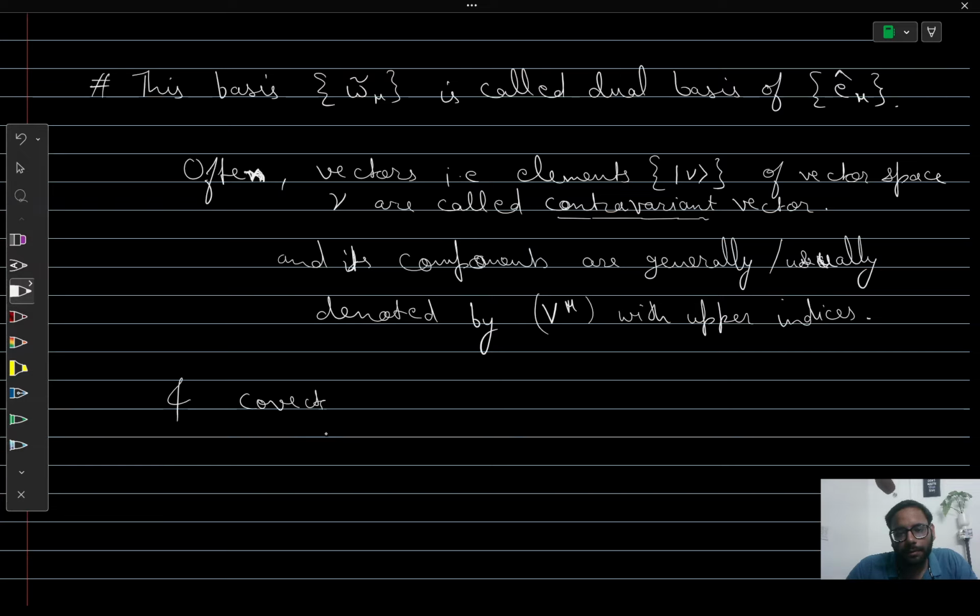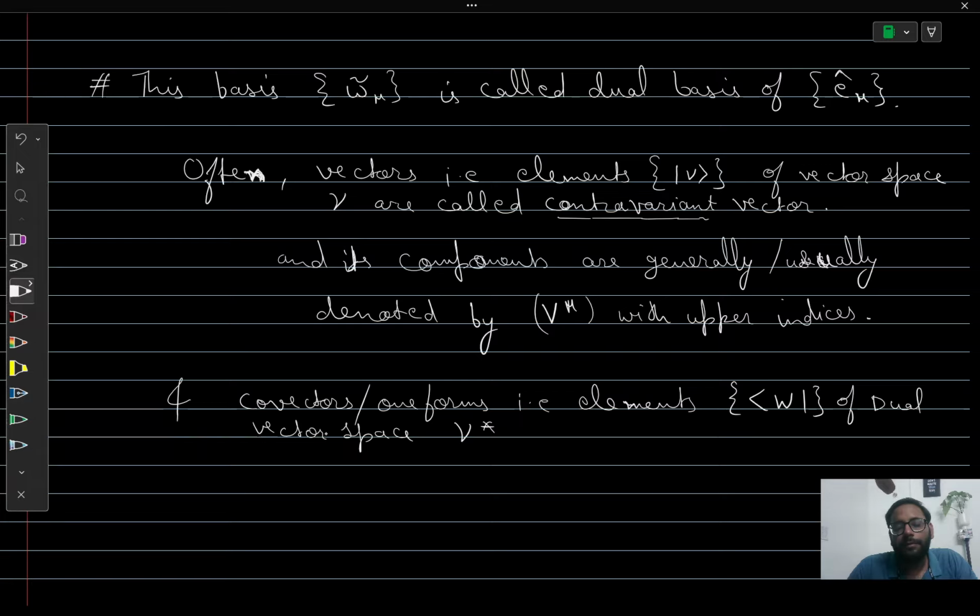And covectors, or one forms, that are elements of the dual vector space, denoted by curly V star, are called covariant vectors.